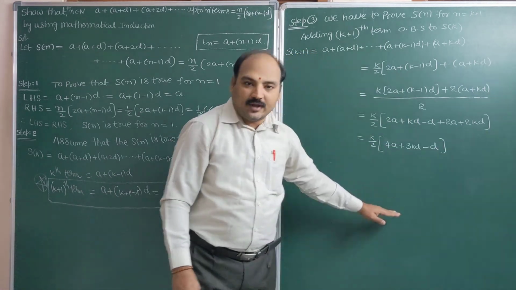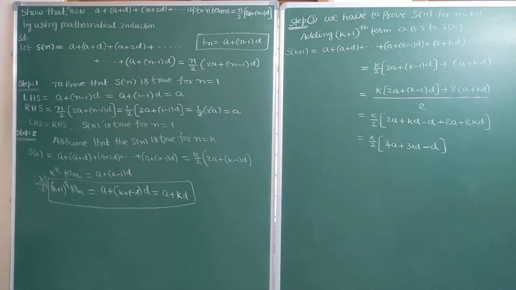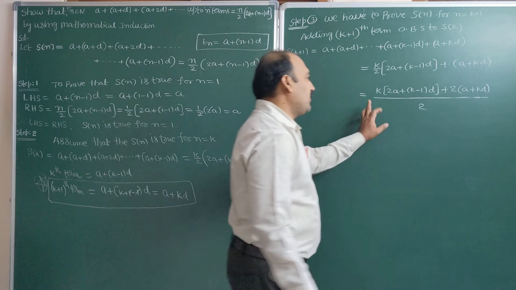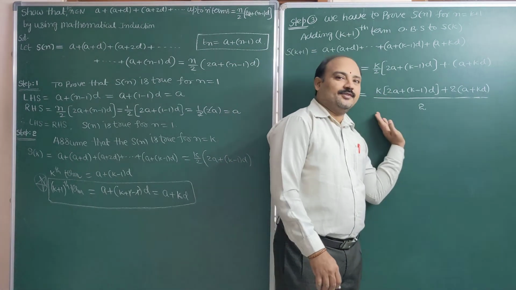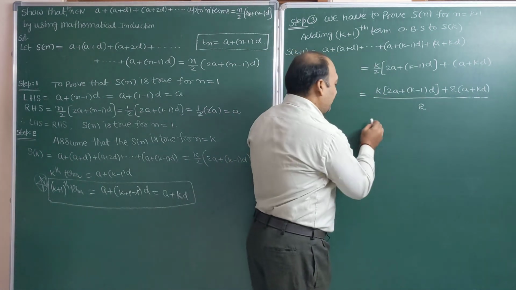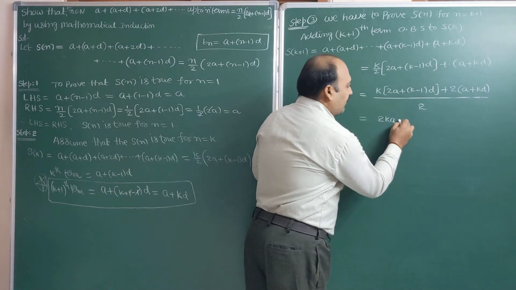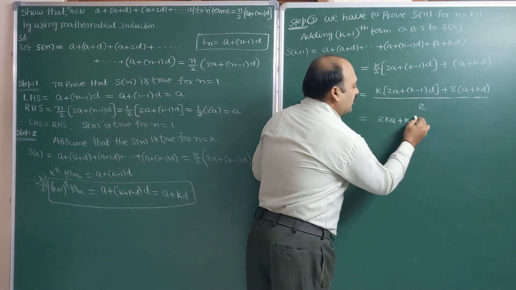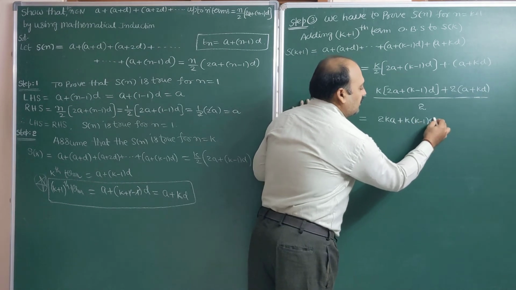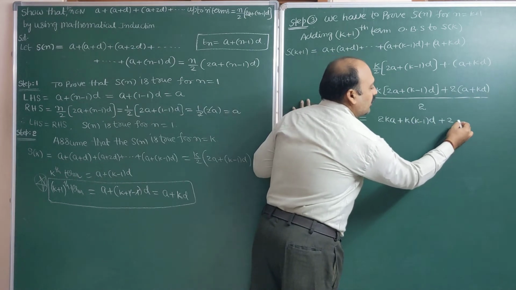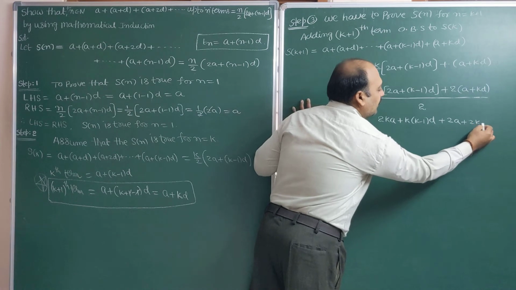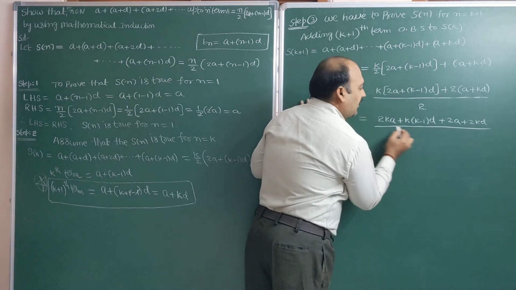Now we will simplify. Dear students, previously I have taken k by 2, that is not correct. This is the right way. So 2ka plus k into (k minus 1) into d plus 2a plus 2kd, by 2.